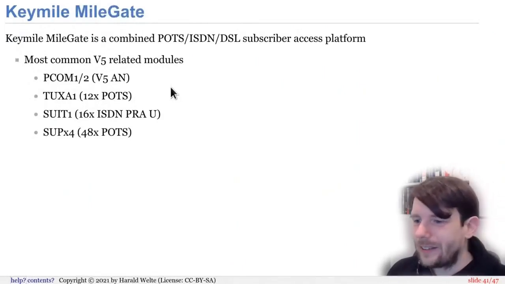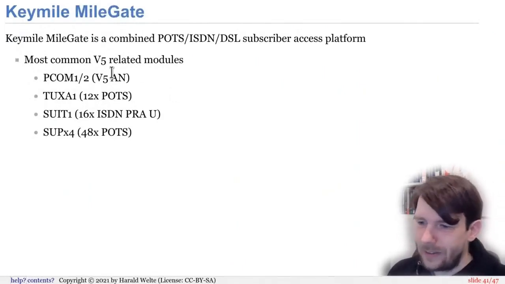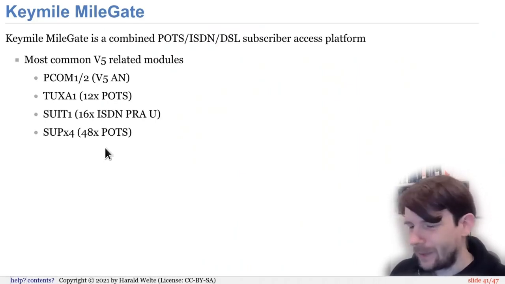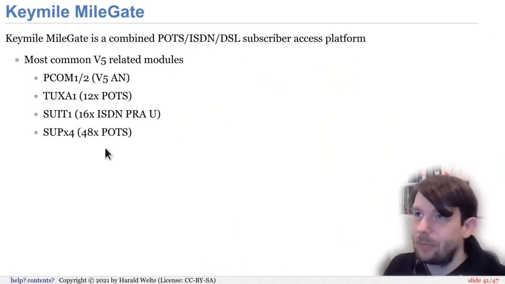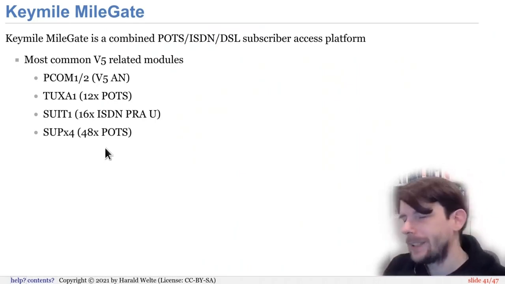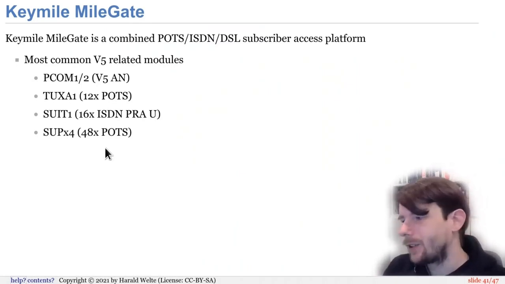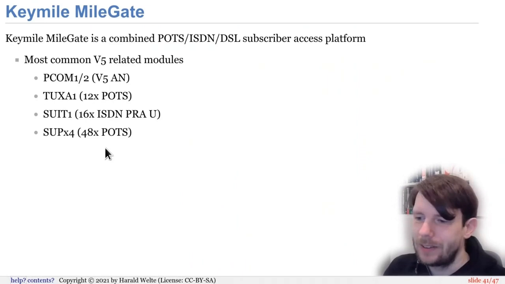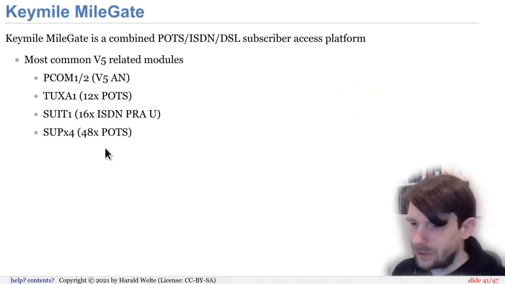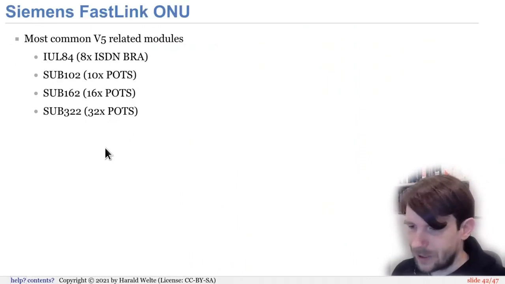So you can have in the same rack modules for ISDN access and POTS access, but you can also have DSL modules in the same rack, and then they have built-in splitters, so you can provide combined analog plus DSL or ISDN plus DSL lines from this type of equipment. Definitely much more recent than both of the two earlier equipments. I don't have a picture of this.